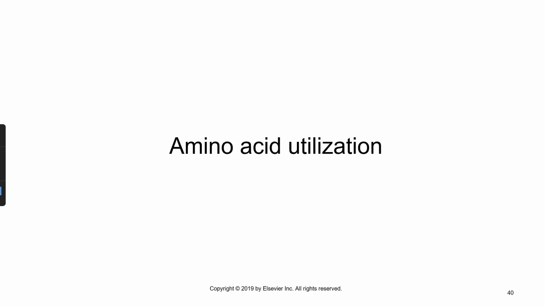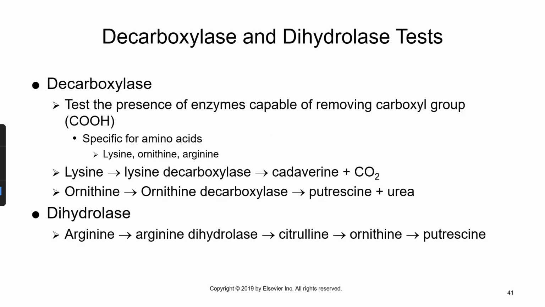Amino acid utilization. So amino acids consist of an R group, which is the group that makes that amino acid unique. Then every amino acid has the base to it. So it's a carboxyl group and an amine group. Bacteria can either rip off that carboxyl group and eat that, or it can rip off the amine group and eat that.